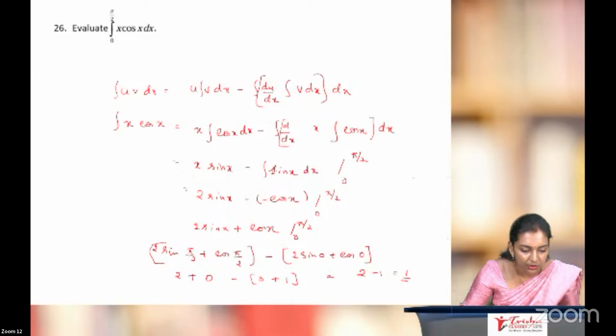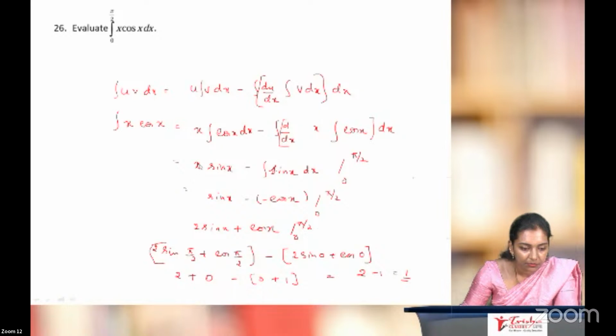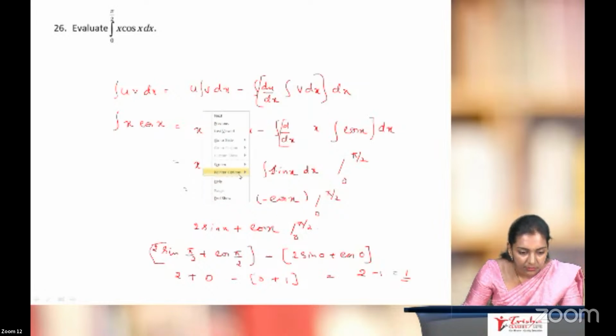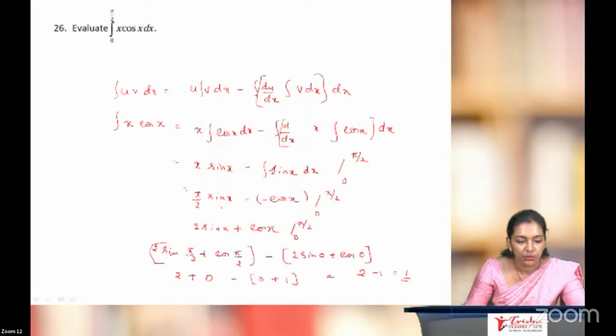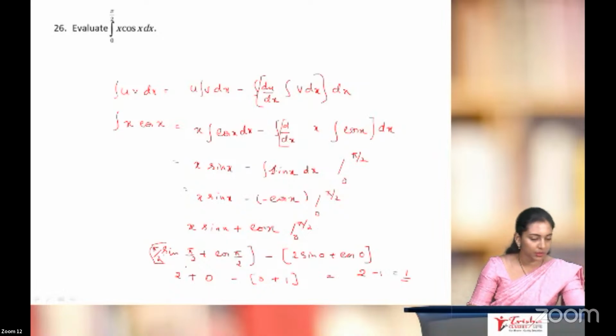Here it is x, so it should be pi by 2. x is pi by 2, and sin pi by 2 is 1, correct.